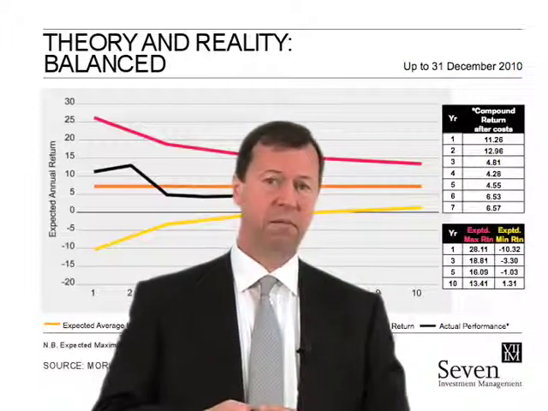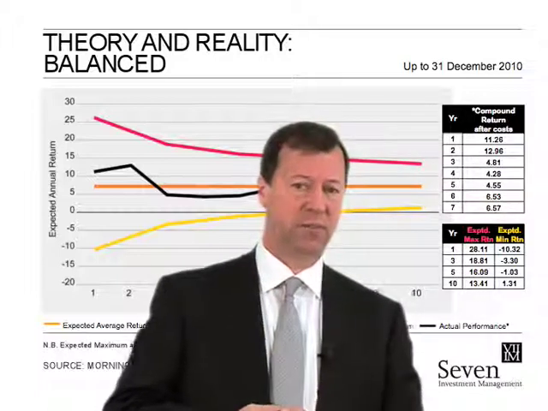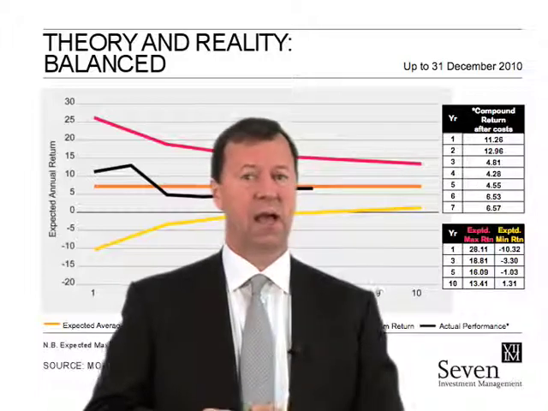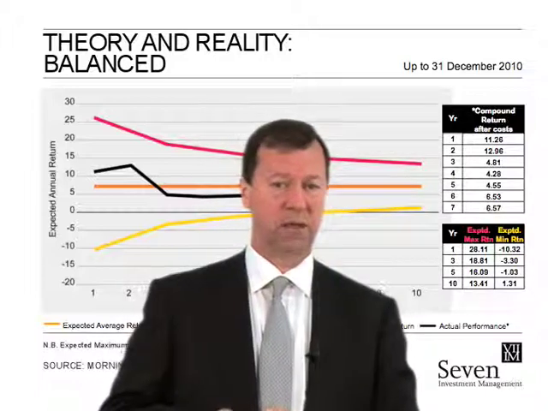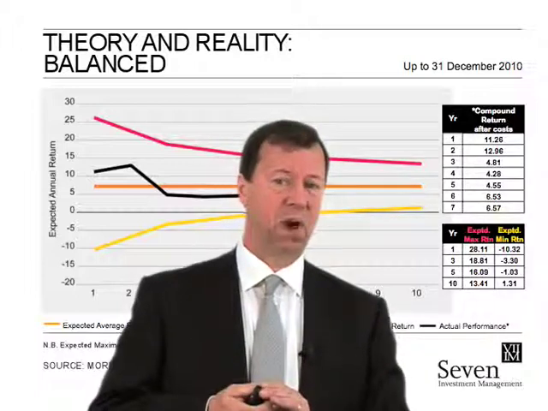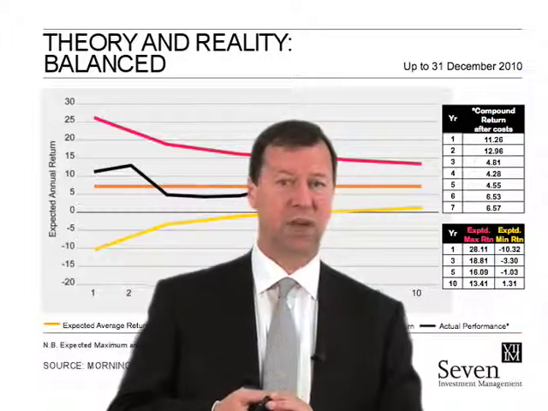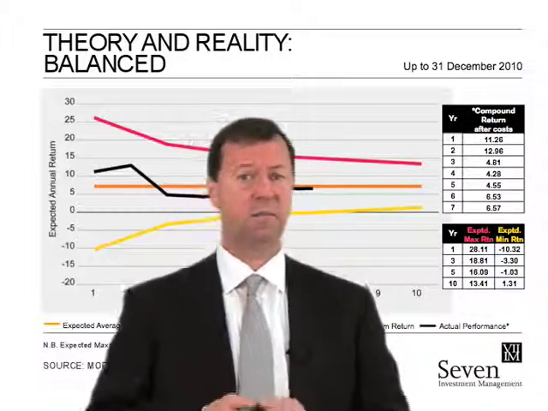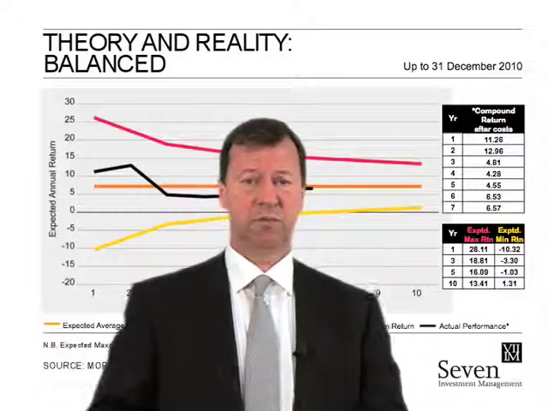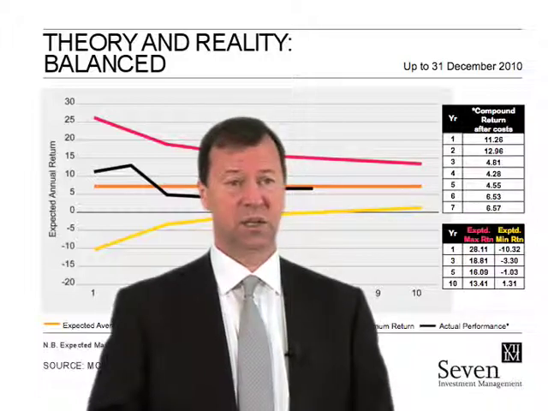So 7IM has produced 6.57% annual returns after cost compounded, as opposed to the 7.2 pre-cost figures that we were expecting. Now, even though we had 2008 in this time period, so we had a so-called black swan event, the numbers have held up. So 7IM appears to be doing pretty much what it says on the tin, which is indeed the object of the exercise.